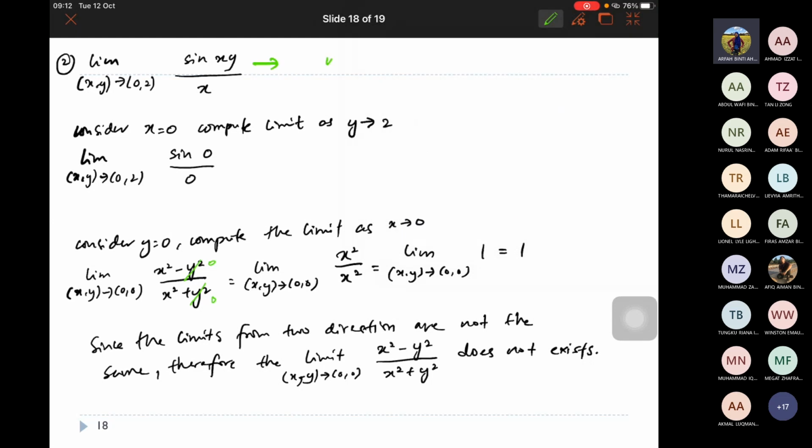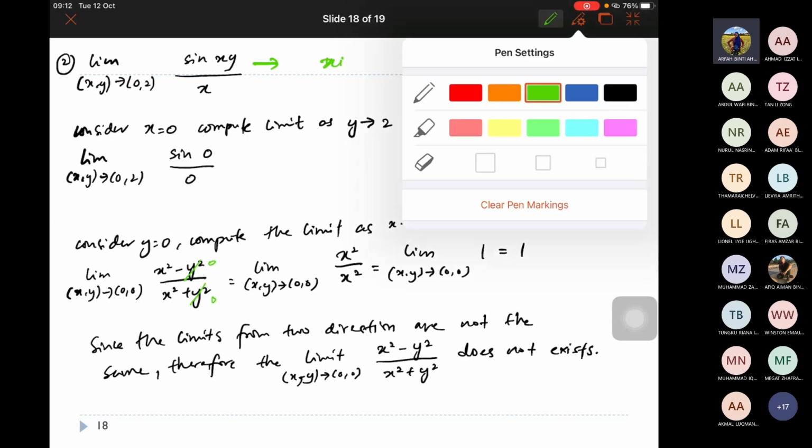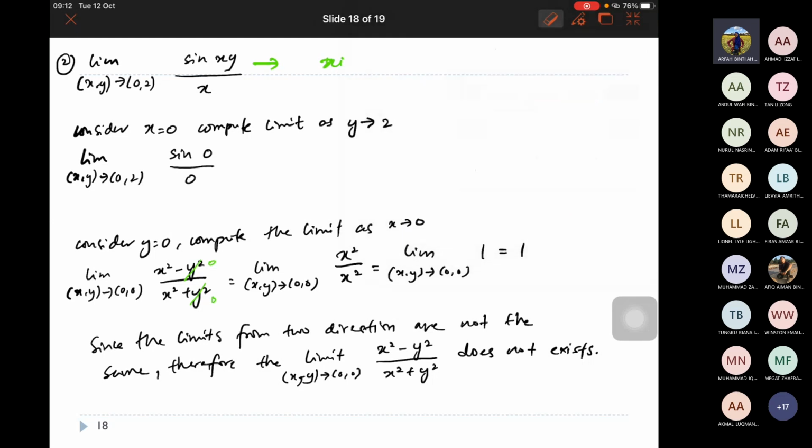It is sine xy, which is sine 2x. Okay, we will use this one. Y is 2, so it will be equal to the limit of x, y approaches 0, 2 of sin x.